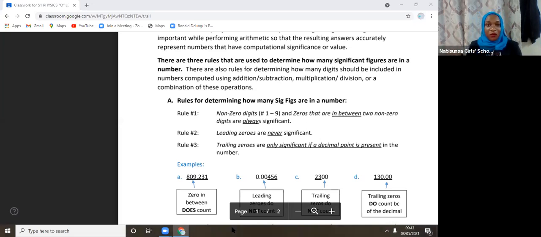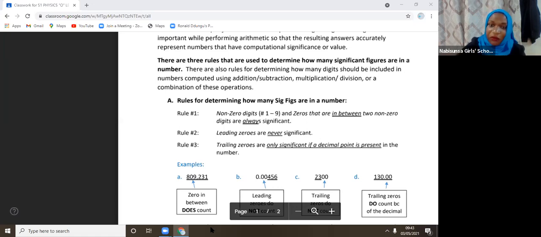So I conclude saying that you should only count a zero that is trailing as a significant figure if there is a decimal point somewhere. And I'm only talking about the trailing ones. I'm not talking about the leading ones. The ones which are leading, even if there is a decimal point, don't count them as significant figures because they are leading.